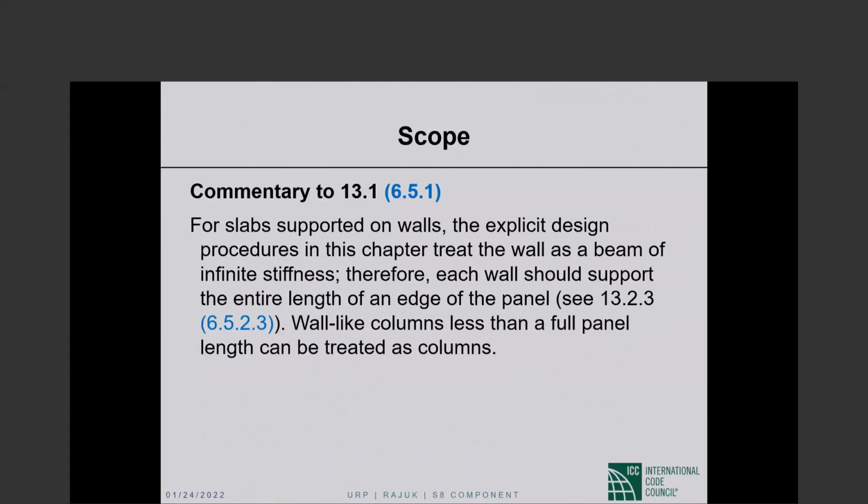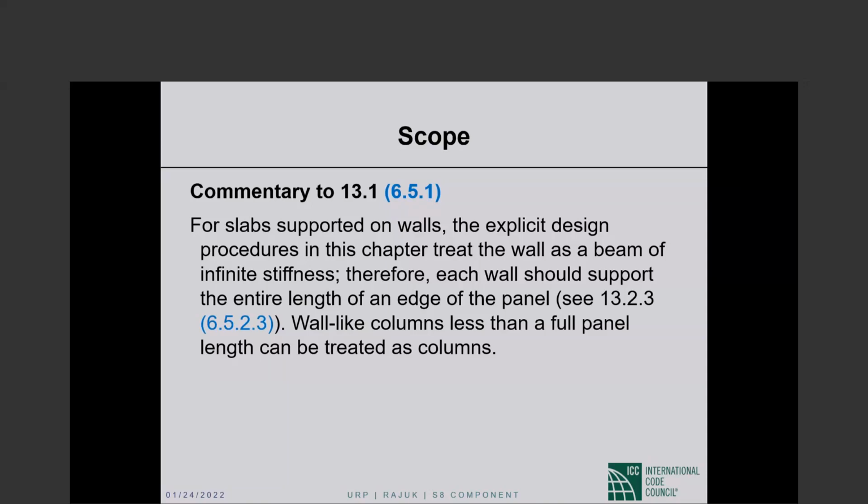That's what a wall is, a very, very high stiffness. Therefore, each wall should support the entire length of an edge of the panel. Okay, so if it is wall supported, wall should support the entire edge.